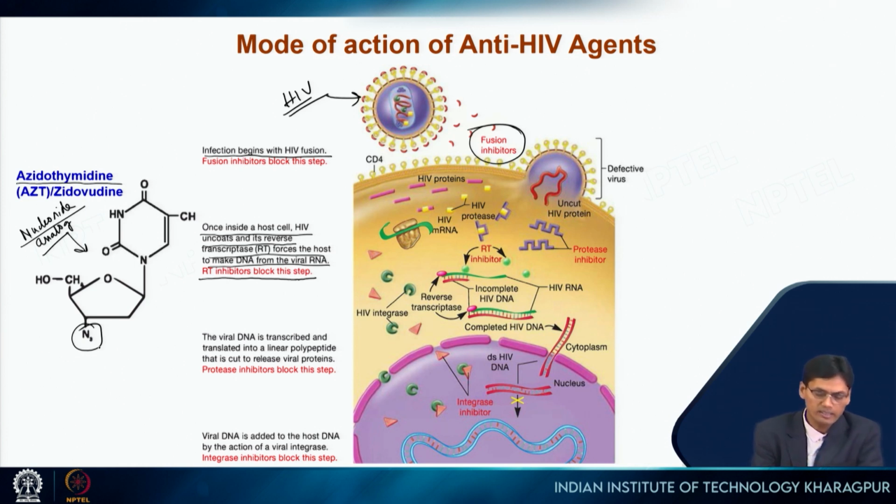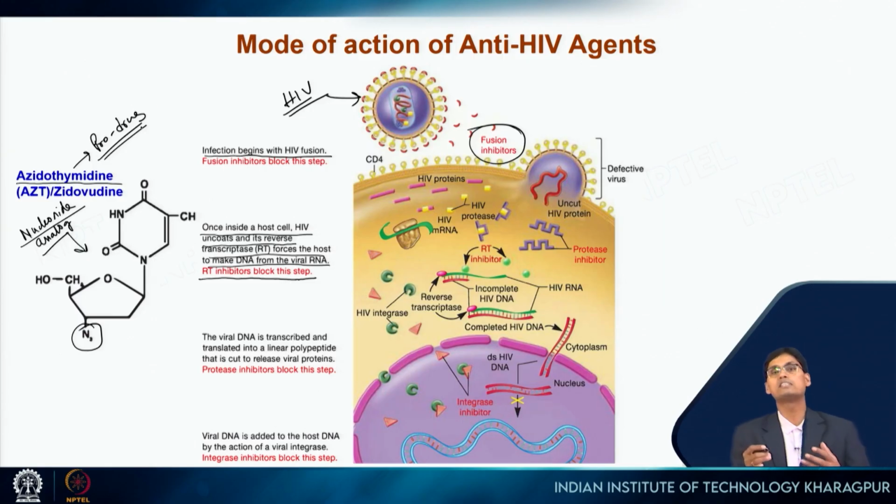Another important thing I should mention is that this is a prodrug. For polymerization of DNA or RNA, what is the monomeric unit? That is the nucleotide. But we use the nucleoside analog here as a prodrug because the permeability is better, so the drug can go inside the cell in a much more efficient way.